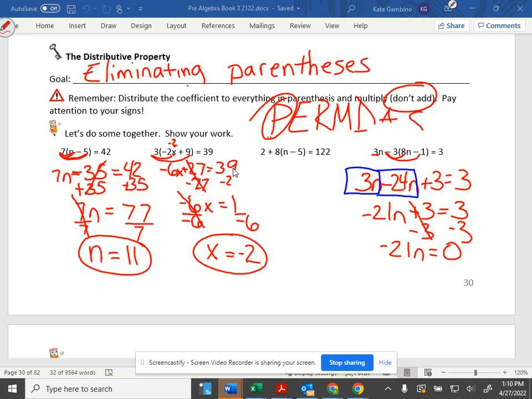Andrea. You gotta divide by -21. And you gotta divide 0 by -21. And 0 divided by -21 is 0.